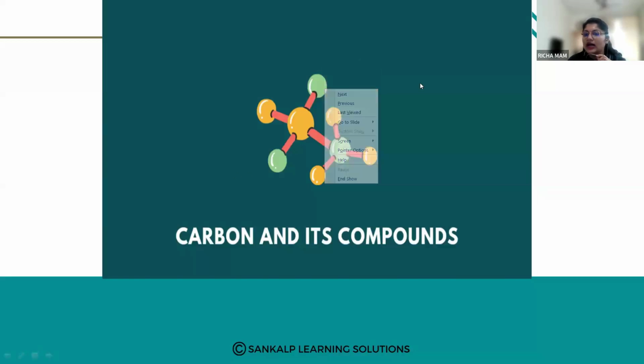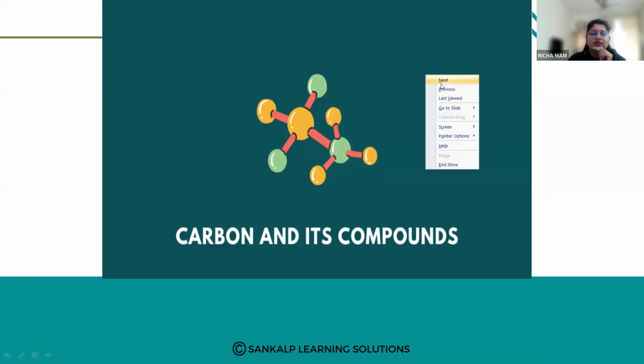It is found in different combinations. When carbon combines with oxygen, it forms carbon monoxide. When carbon combines with dioxygen, it forms carbon dioxide. When carbon combines with hydrogen, it forms methane.